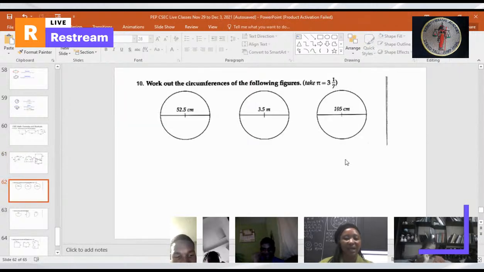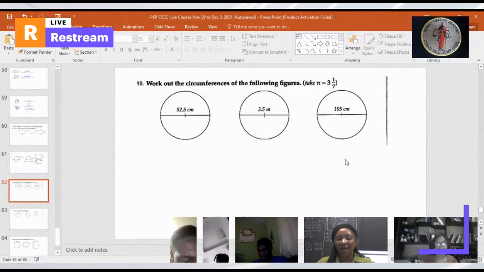How about these guys here? Find the perimeter of those circles, the circumference of those circles. The circumference is what? 2 pi r.